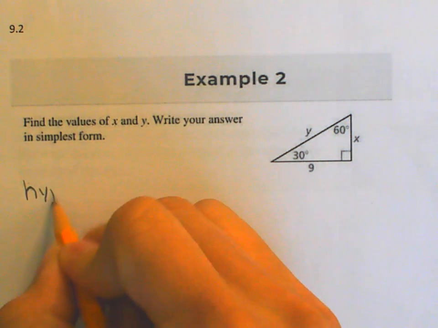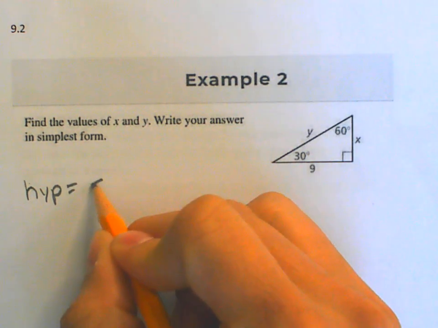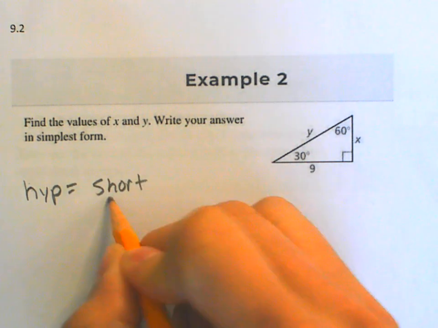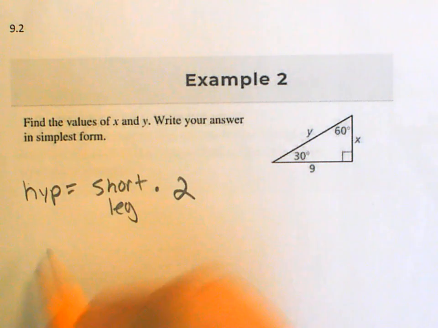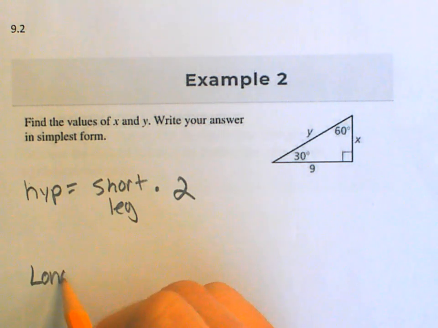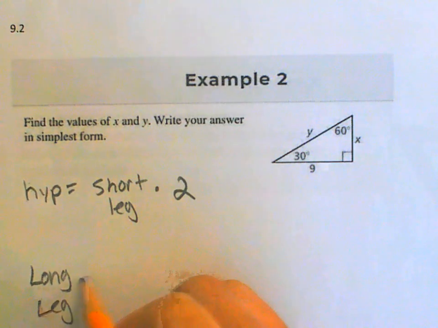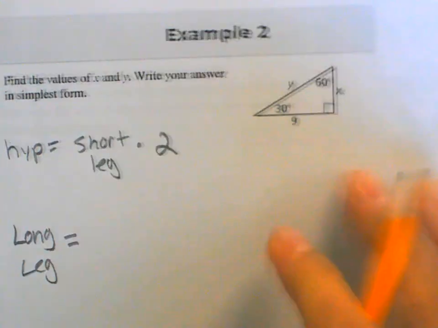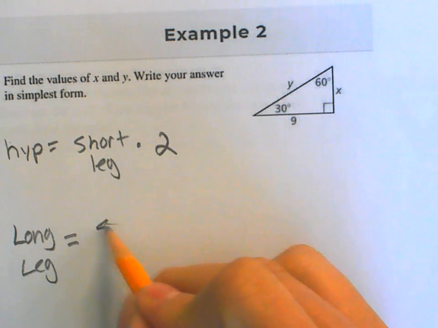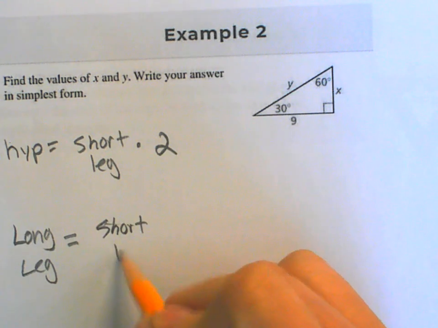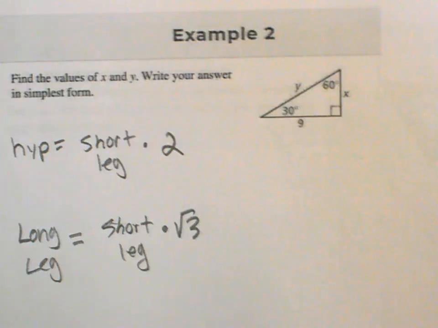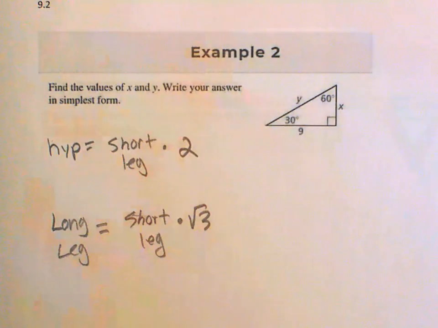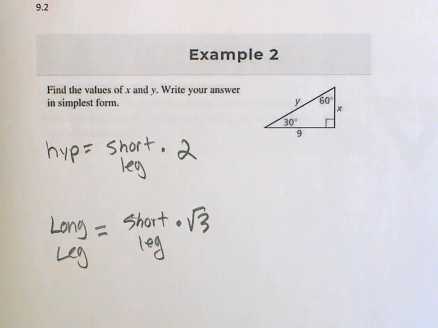We have the hypotenuse equal to the length of the short leg times 2, and we have the long leg equal to the length of the short leg times radical 3. So now the question is, which one of the two am I going to use first? Well, it depends on what you have.